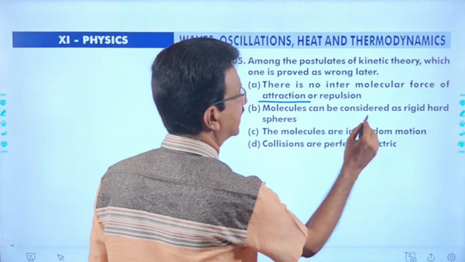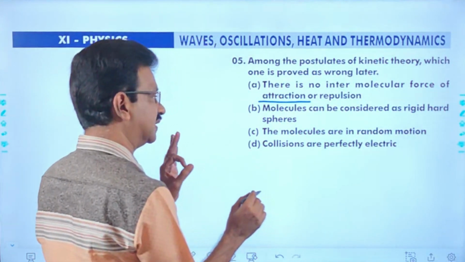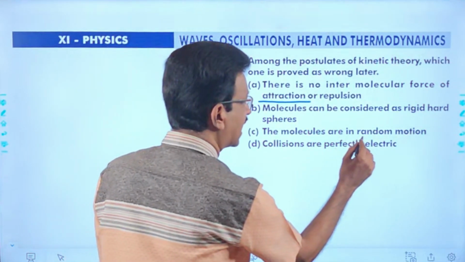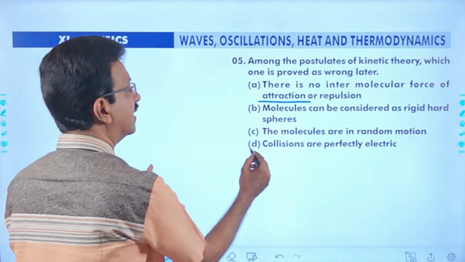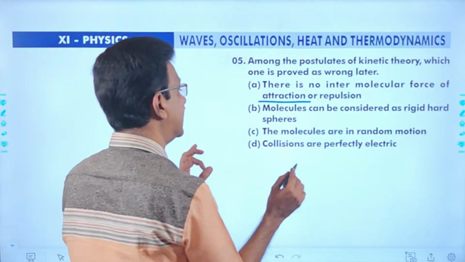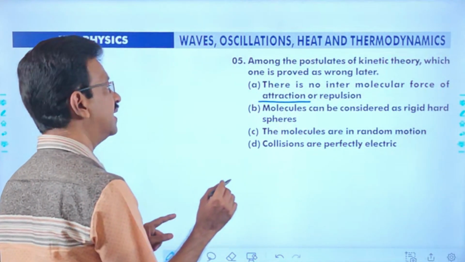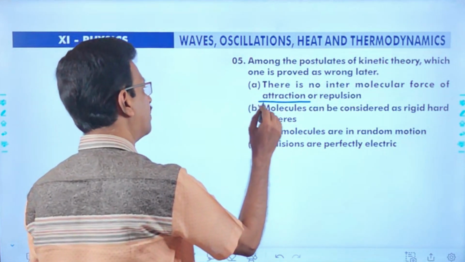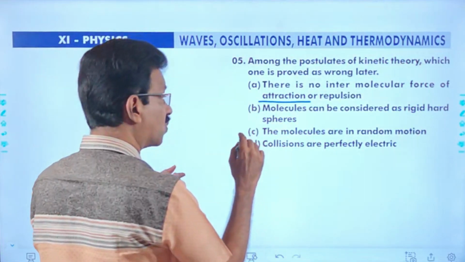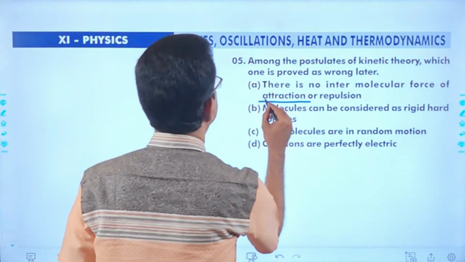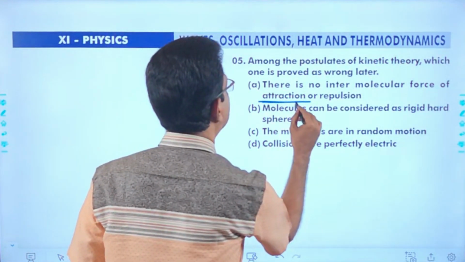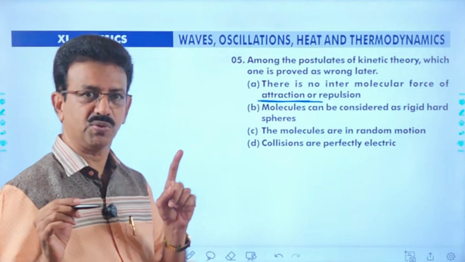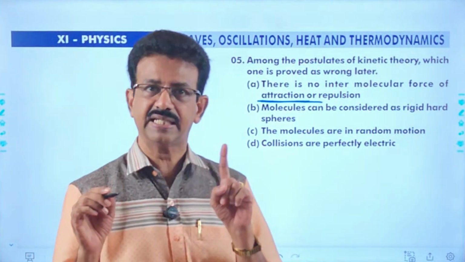Molecules can be considered as rigid hard spheres. It is correct. The molecules are in random motion. It's also correct. Collisions are perfectly elastic. It's also correct. Then the wrong postulate among the 9, which is proved as wrong later, is the first choice. A choice is the correct answer. Therefore, question number 5, the correct answer is A.